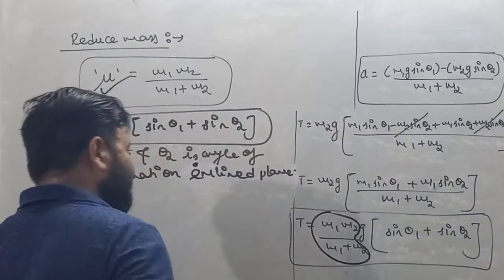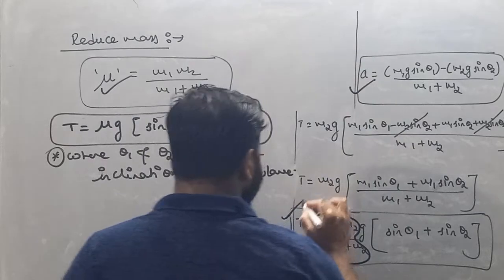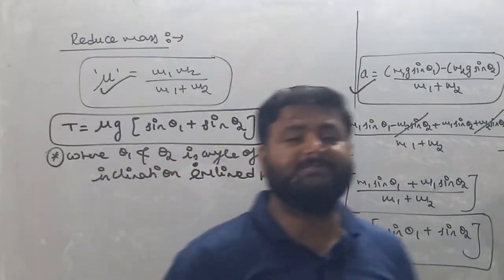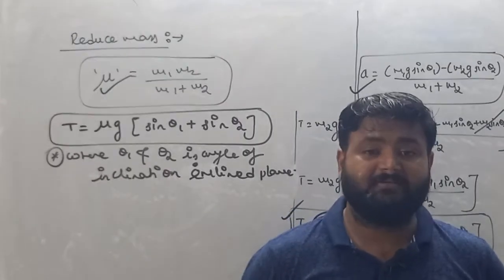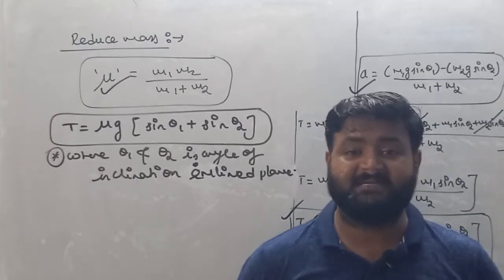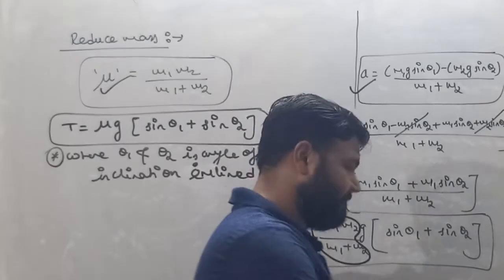Now see, if you are aware of these two formulas, then it is very easy to deal with some sort of numerical if your understanding skill is good. So I'll show you how.